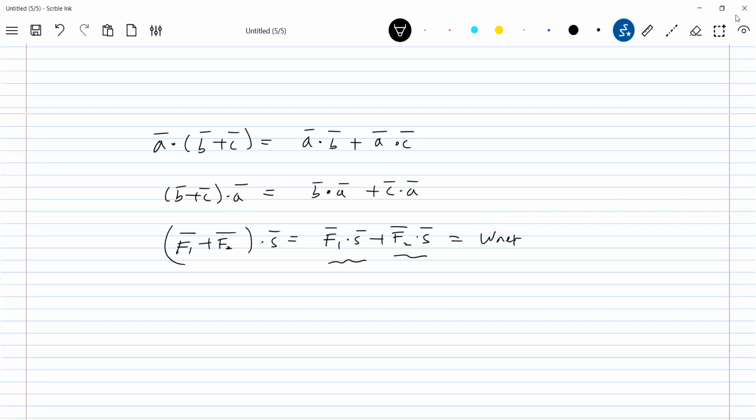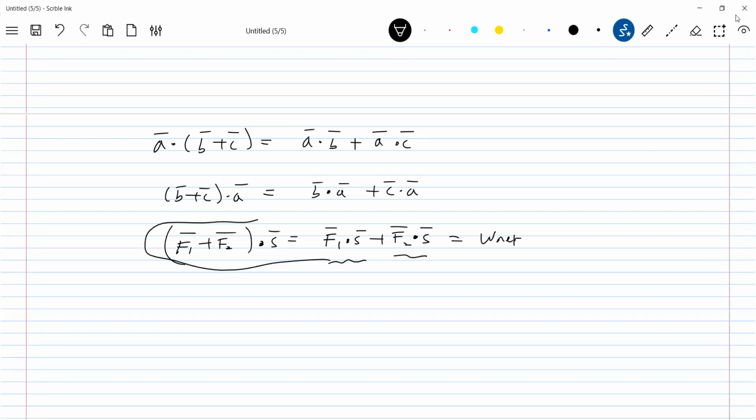So in a numerical, what happens? It's left to you. If you directly want the answer and you're not bothered about which force is doing work, take the vector sum of all the forces acting, dot product with the displacement. Or if individually you want to verify which force is doing positive or negative work, break things up and work it out. So the dot product is really going to help us a lot, no? If more than one force acts on a system, yes, we do have two approaches.